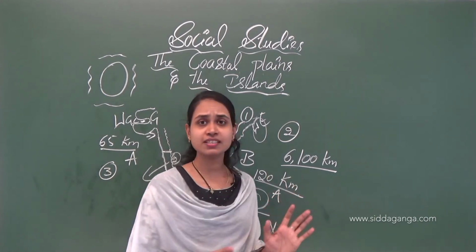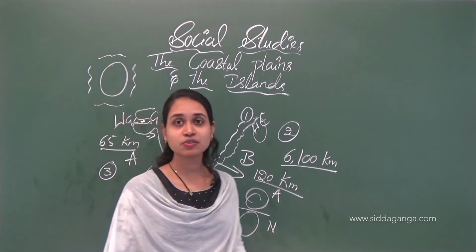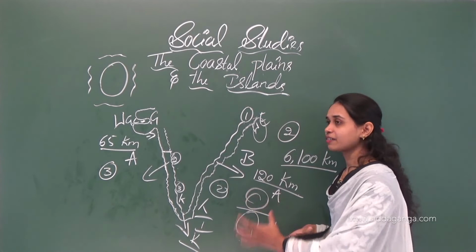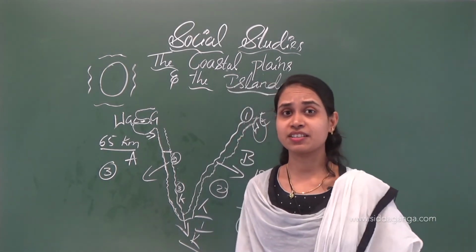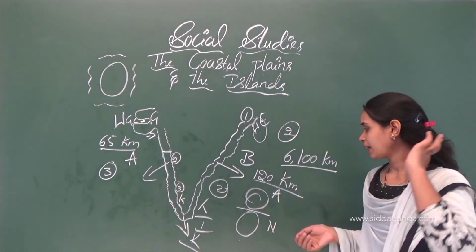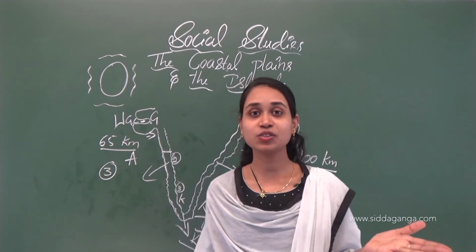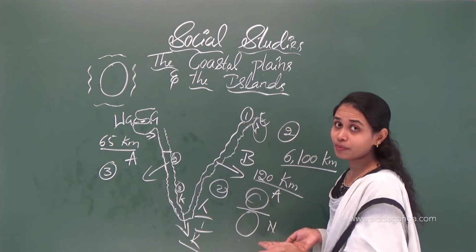Many foreigners visit here to see the islands, isn't it? So it is an attraction, and also we can see the jail here. Before independence, a famous jail was here in the Andaman and Nicobar Islands.